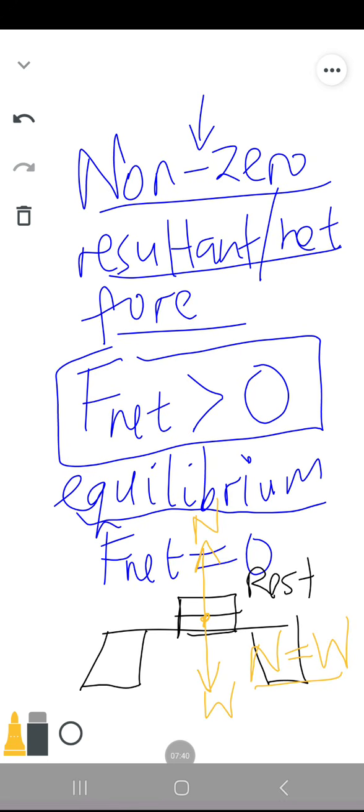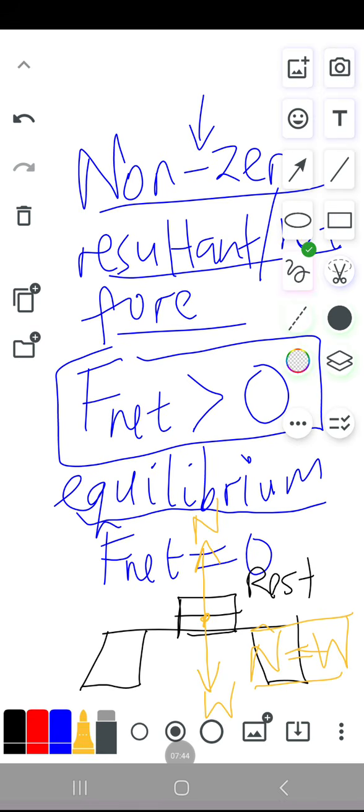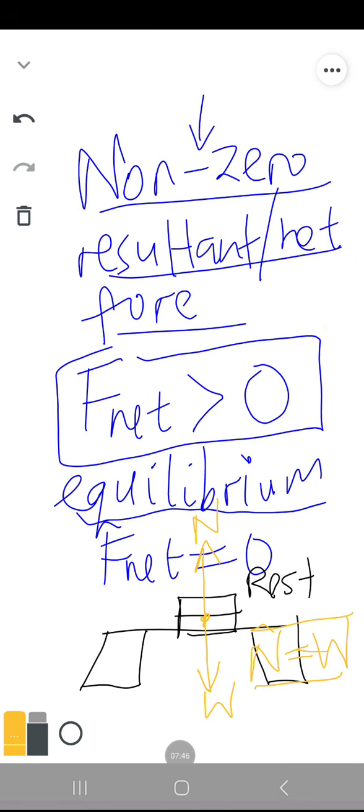If I want to equate this equation to 0, I will do it like this. Let me use the red color here. Let me show it on the left side.